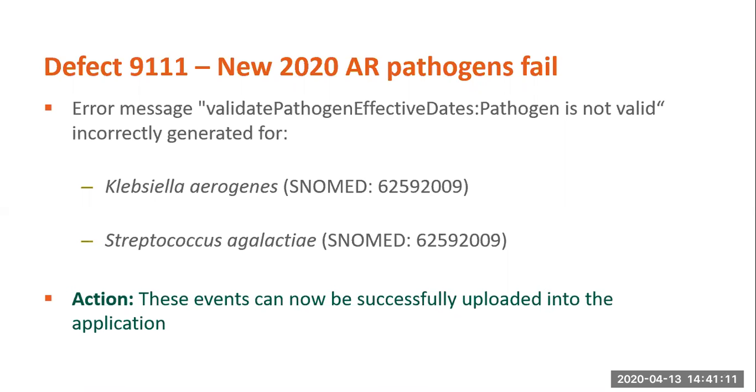Note that AR events with dates prior to 2020 uploaded successfully during this time period. Any 2020 AR events with either of these SNOMED codes uploaded prior to the 9.4.1 release did not save properly in the application and will need to be uploaded. Next slide.